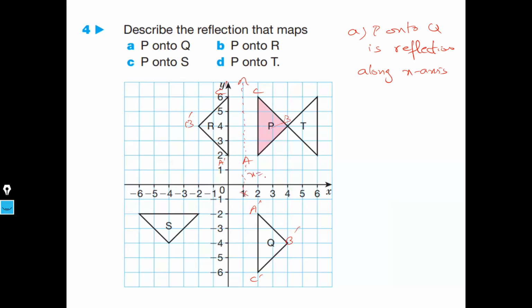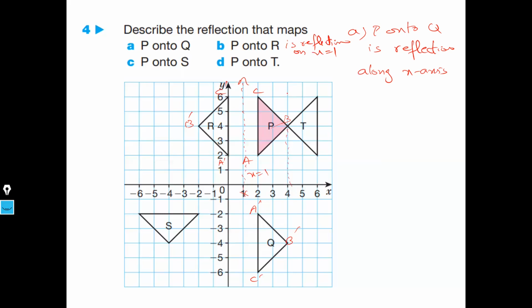So we can say that P onto R is reflection on x equals 1. So basically, when we are describing the reflection, we are exactly finding the line of reflection. That's it. Now they say P onto D. So P onto D, opposite but equidistant from the line x equals 4.